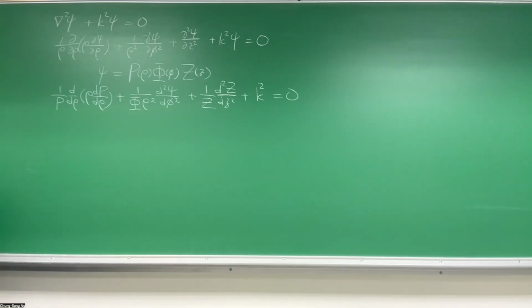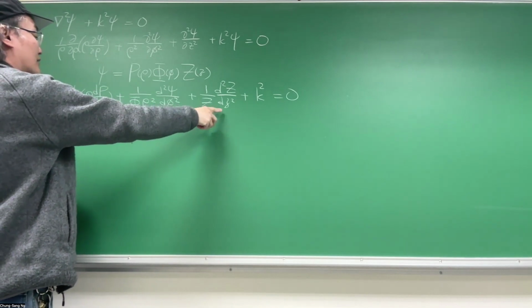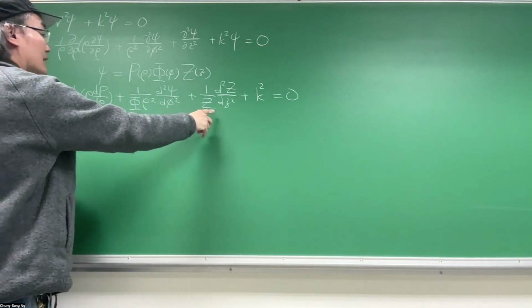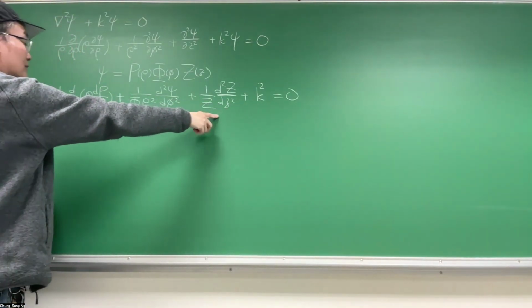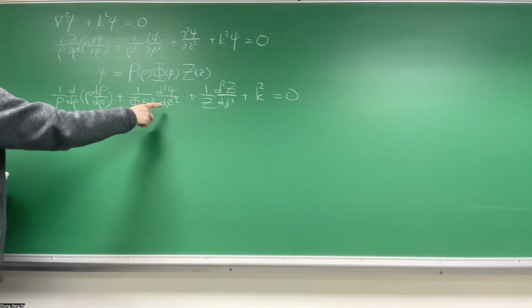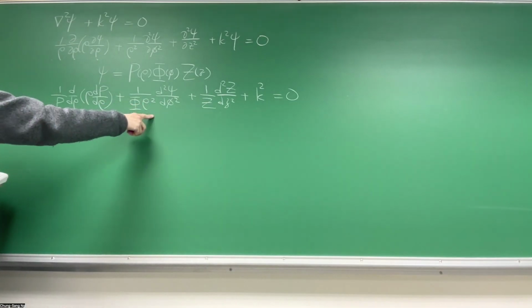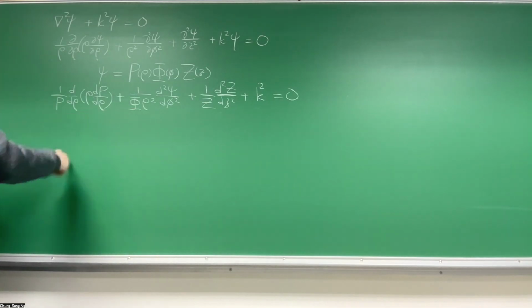Okay, so we get something similar to last time, especially the third term, which is exactly the same, so we can set that to a constant. So this is a constant, this is a function of z, and this is a function of phi divided by rho squared. And this is a function of rho only, right?